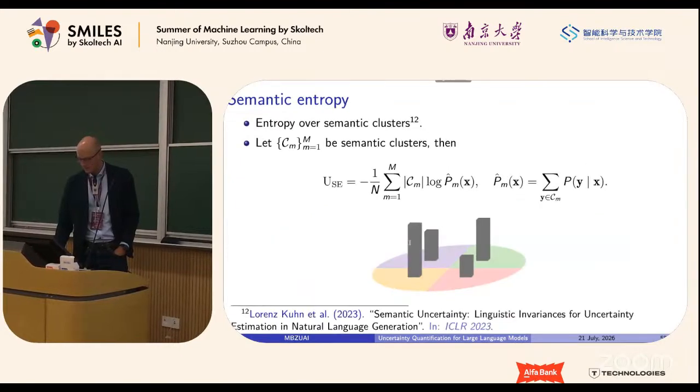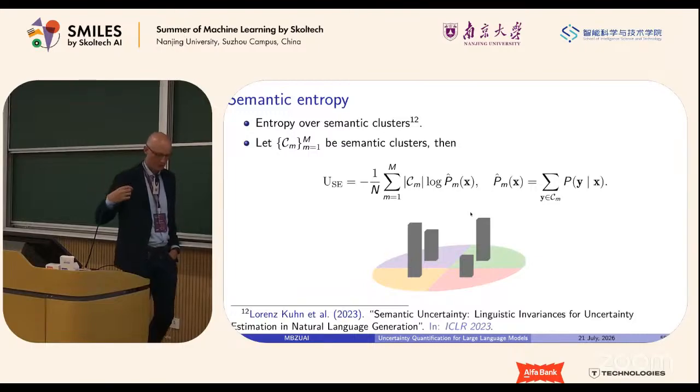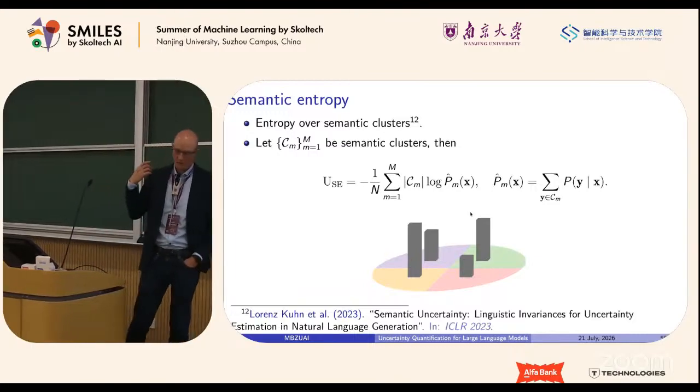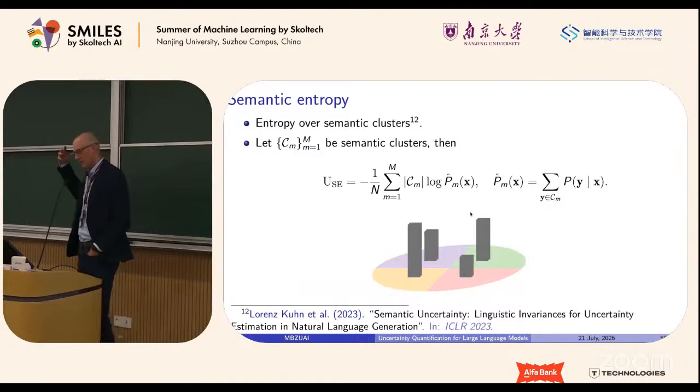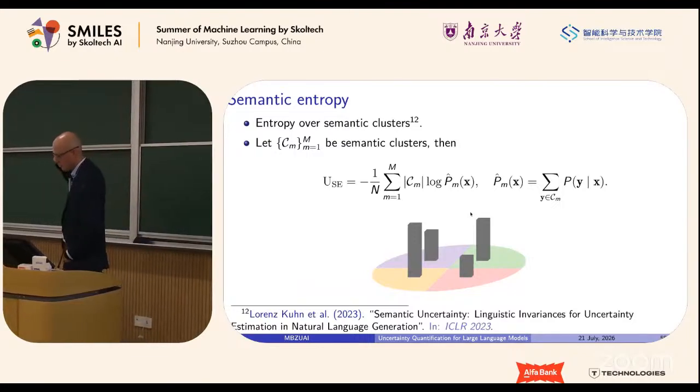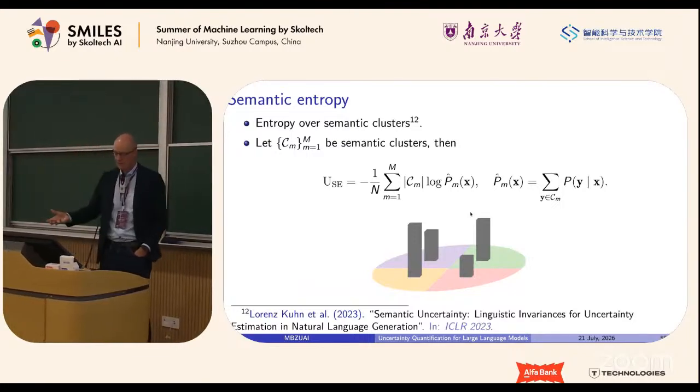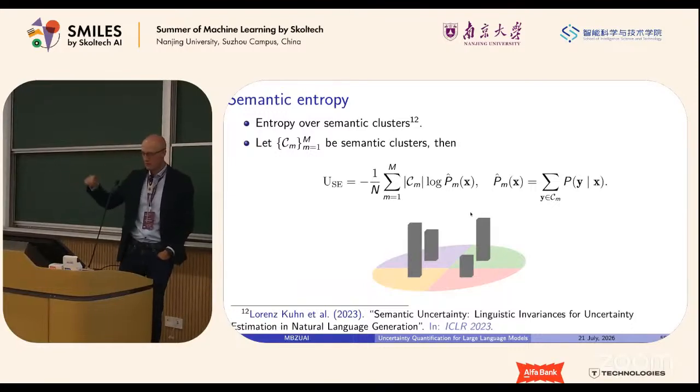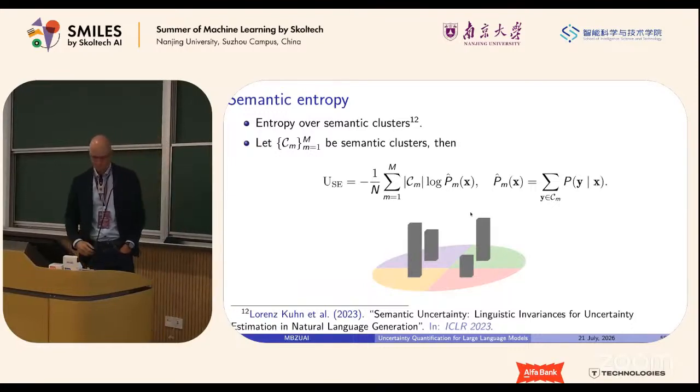You can do this clustering, and you can compute the probabilities not just for individual generations, but the probability of individual meanings. And then you can compute entropy on top of these meanings.